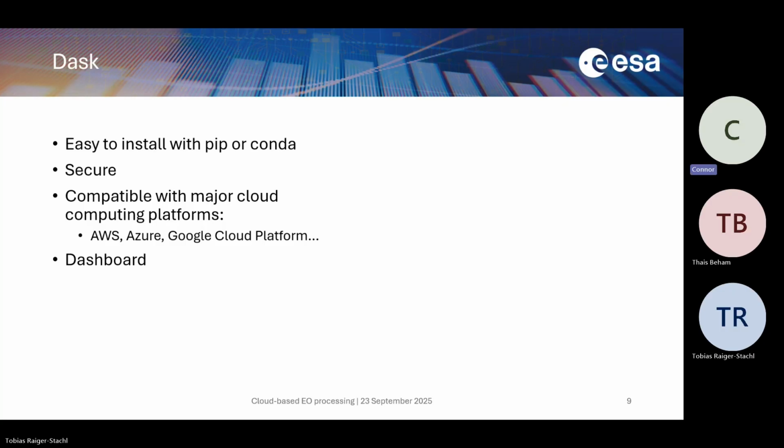And it's also an open source framework. And it is compatible with the major cloud compute platforms like AWS, Azure, Google Cloud Platform. And Dask also makes a dashboard available so you can follow live how the computation is going. And in the afternoon session, I will show you how this dashboard looks like.